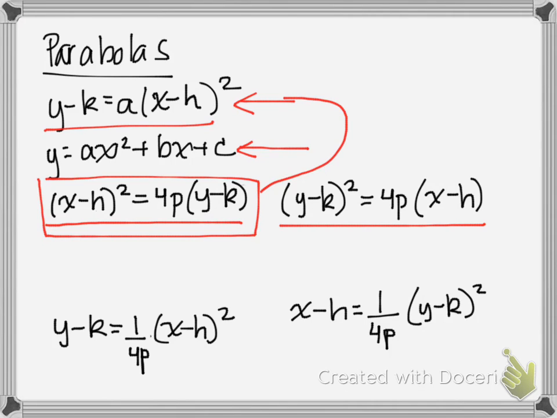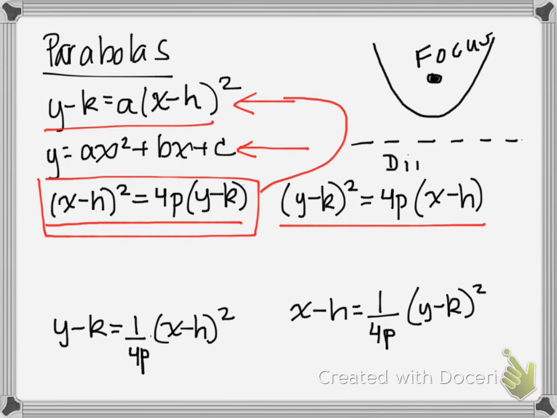A parabola is the set of all points that are equidistant from some point called the focus, and some line called the directrix. So this is the directrix here, and all of the points that are equidistant from this line and this focus are what create the parabola.